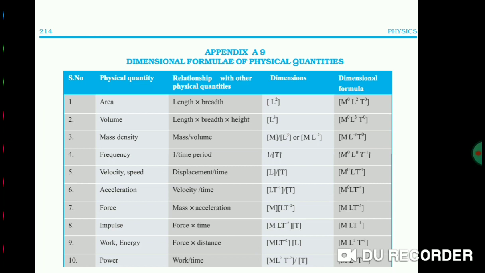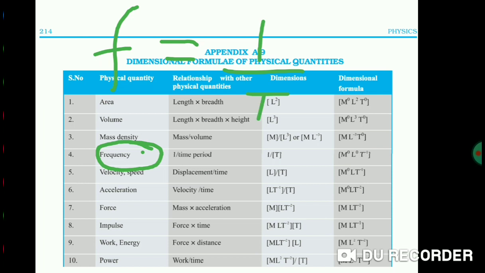Now we are going to start with the dimensional formulas of a few physical quantities, which we have already expressed in the earlier class. Let's start with the first one, frequency. In 9th standard we discussed that frequency is equal to 1 by time. Then this T goes in the numerator, so it becomes T minus 1.